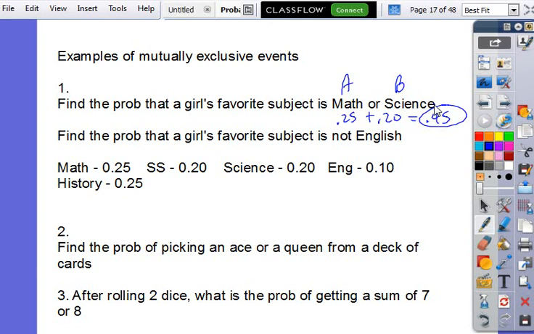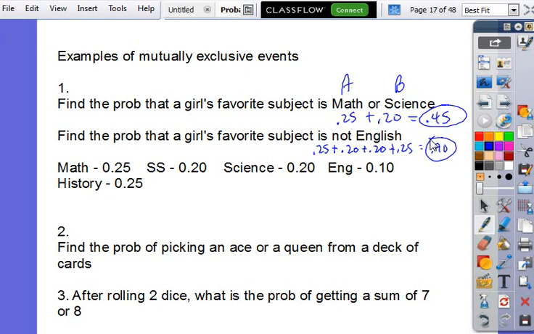So not English would be the math plus the social studies plus the science plus the history. If I wanted to change those to percentages, what would the percentages be for 0.45 and 0.90? 45% and 90%.